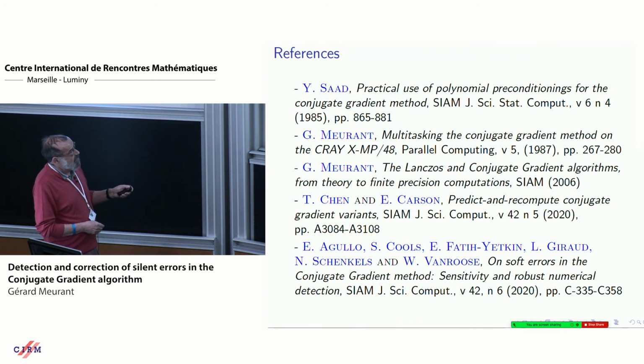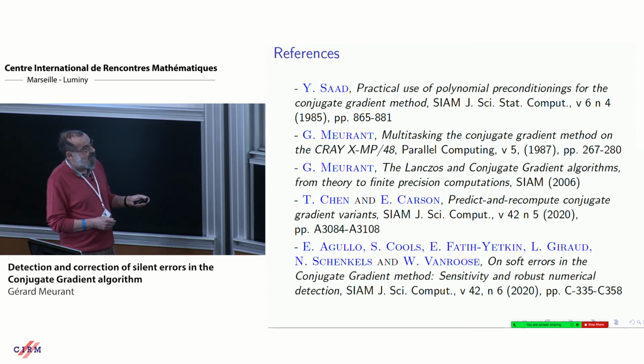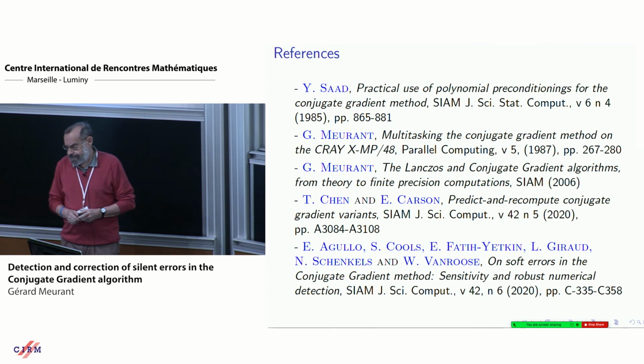And this paper also is interesting to look at because they do some sort of statistical study of what they call silent errors, soft errors, but they do a statistical study of what happens when you have this kind of errors in CG. It's quite interesting to look at that.